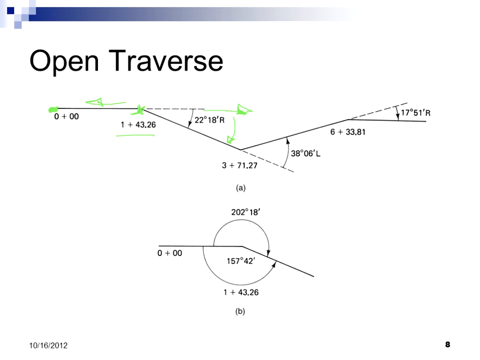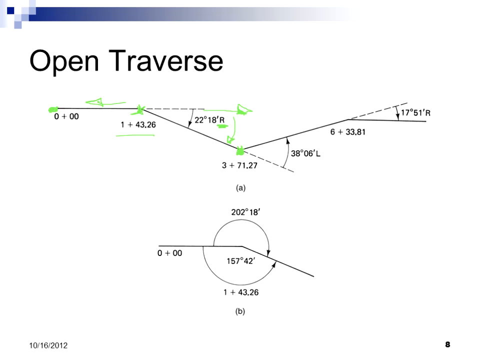And then you're going to turn either to the left or to the right and sight on your next point, which is here at 3 plus 7127. The angle that you turn, in this case 22 degrees, 18 minutes, right, is your deflection angle. And this right or left is extremely important because otherwise you wouldn't know which direction the 22 degrees was going.